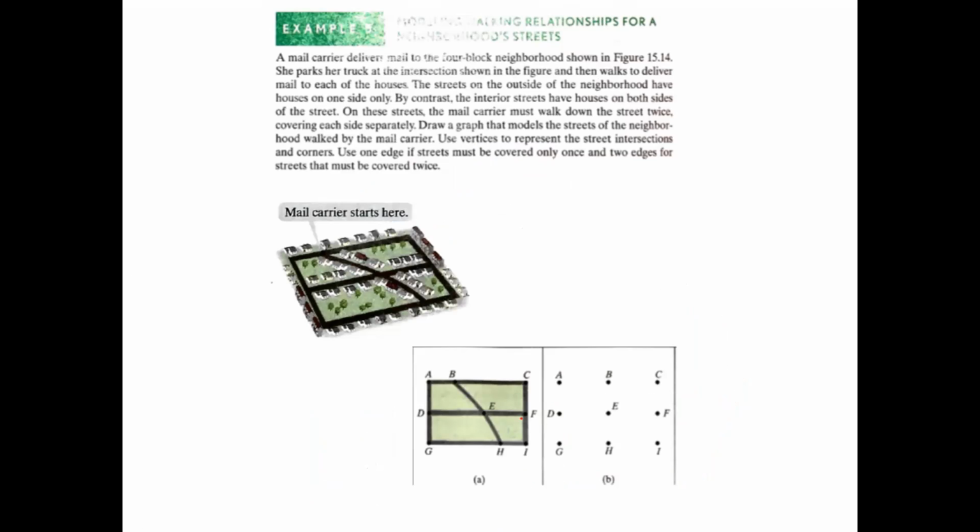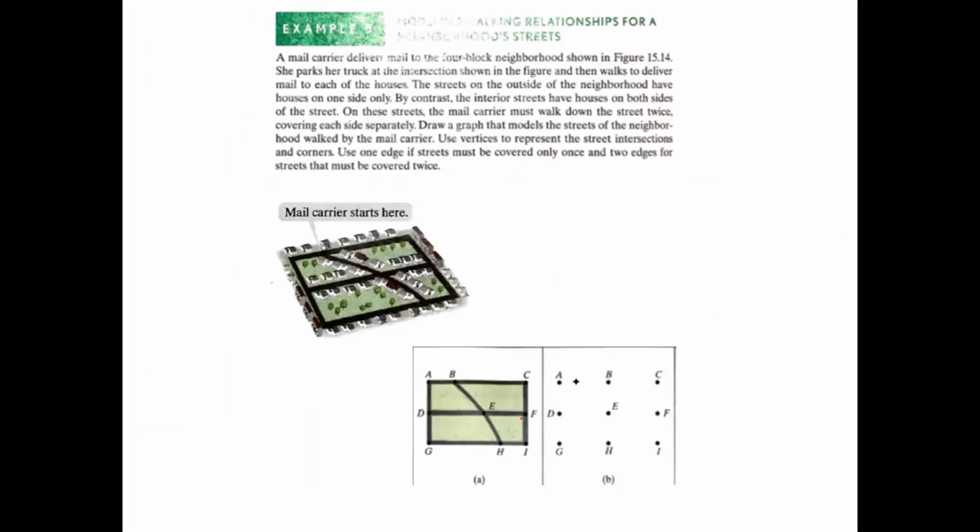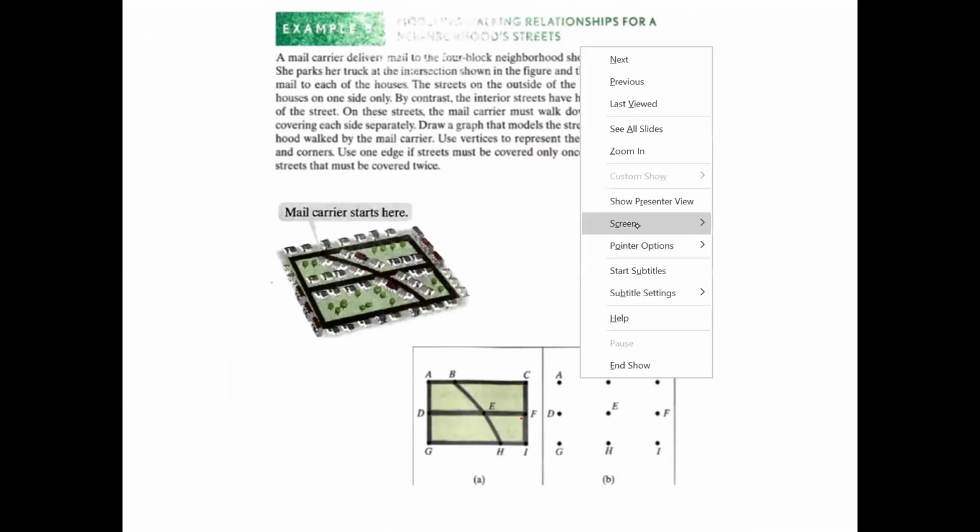All right, go ahead and take a look at example number 5. The answer for this one you're going to have is from A to B. Oops, that's really loud. Sorry. Let's change that one more time.